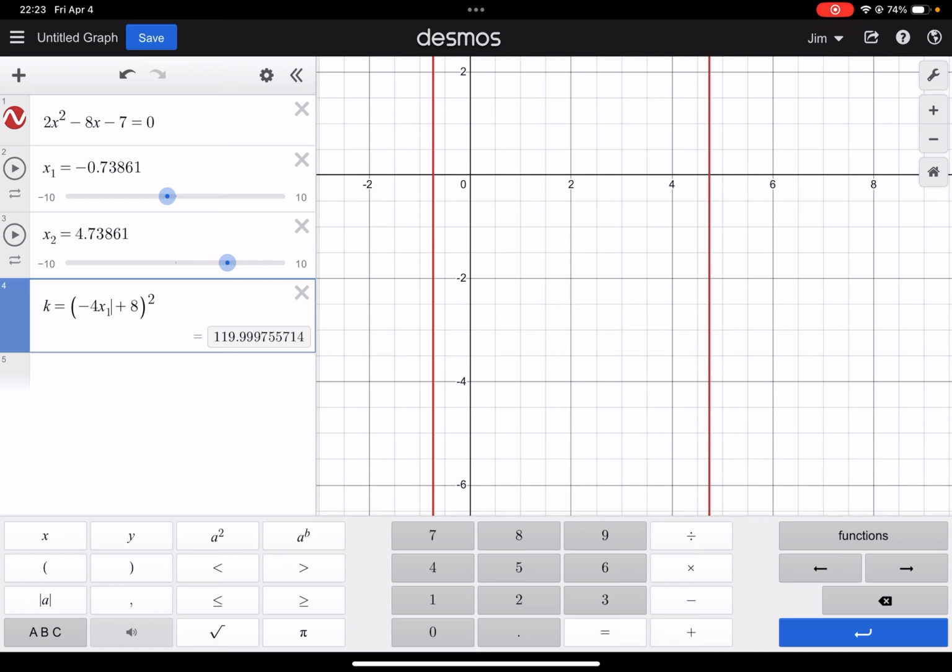If we plug the root back in for the x value, that tells us what k would be if our root was -0.73861, and it tells us that k value is 120. If we change that to x sub 2, it tells us the same thing, that it's 120, and so that is the correct answer.